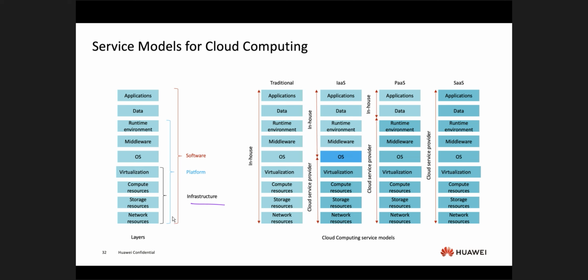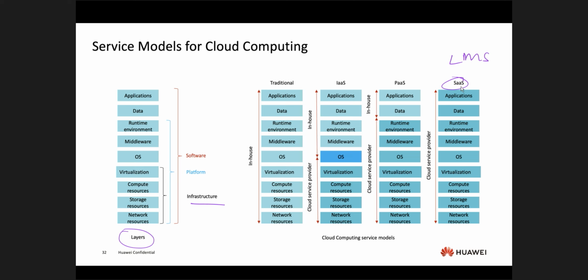Now, when you look at the model, these are your layers, how everything is set out based on software as a service, platform and infrastructure. In-house, this is how you would use it, right? So your cloud service provider on software as a service would be responsible for everything, because you're borrowing the software as a service. For example, learning management systems like Blackboard, Sakai, Moodle, if they run on the cloud, they would be there as software as a service.